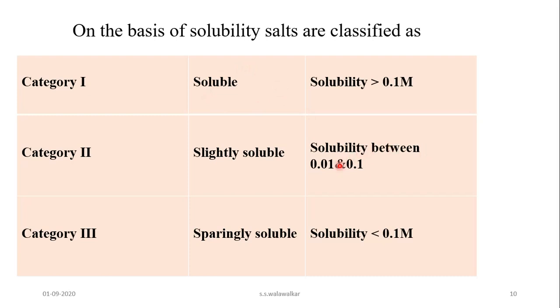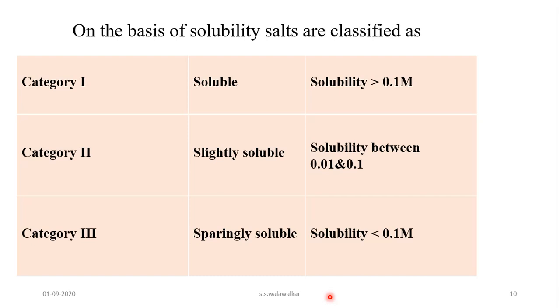If the solubility is in between 0.01 and 0.1 molar, then such salts are slightly soluble. And if the solubility is less than 0.1 molar, then such salts are called sparingly soluble salts. And if it is much less than 0.1 molar, then it is called what?